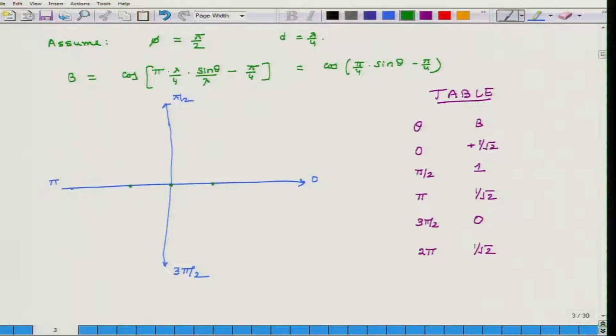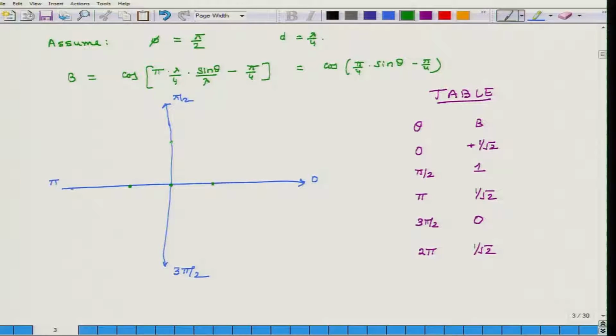Same thing here. At pi also it is 1 over root 2. So, the distance from the origin is the same. At pi over 2 it is 1 and at 3 pi over 2 it is 0.